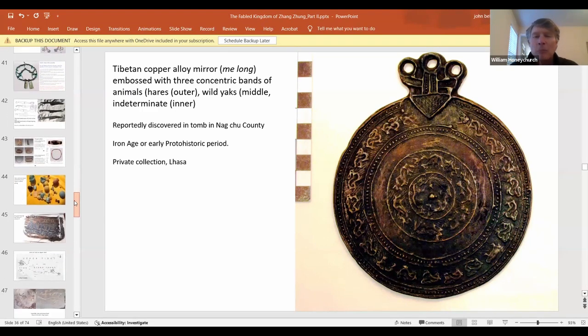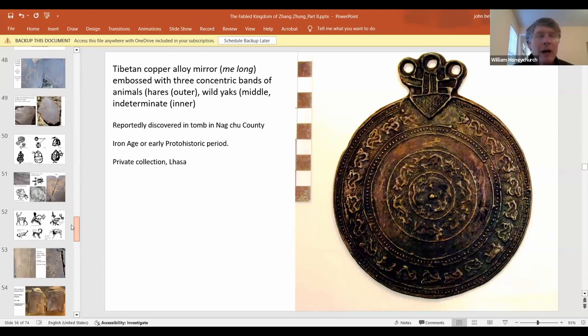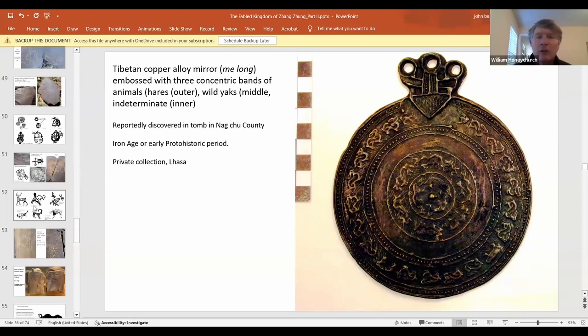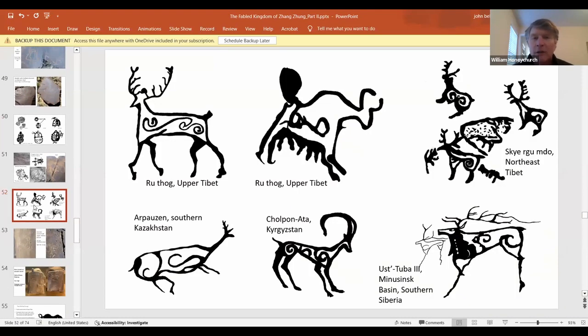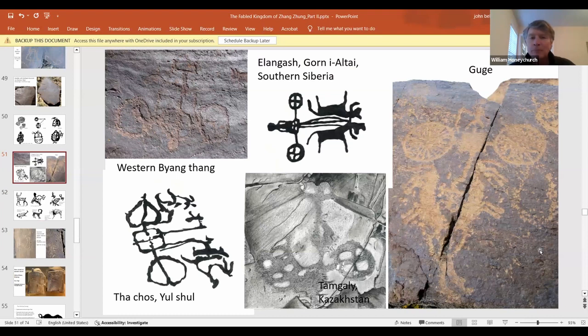And I'd like to point out that you should really include a lot more material from Eastern Turkestan, otherwise known as Xinjiang, because all of these things that you're showing, the animal style, the bronzes, the chariot, petroglyphs, all of those are continuous going north into Western Mongolia, Eastern Kazakhstan, right up into Siberia. So the corridor in which these things appear is really quite extensive. And you could bring that out a little bit more by getting into the Eastern Turkestan record.